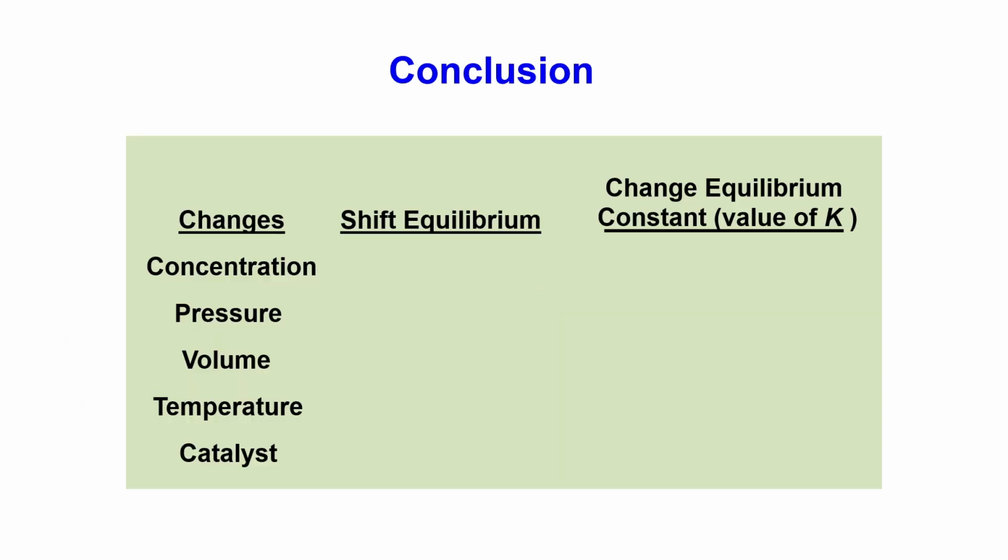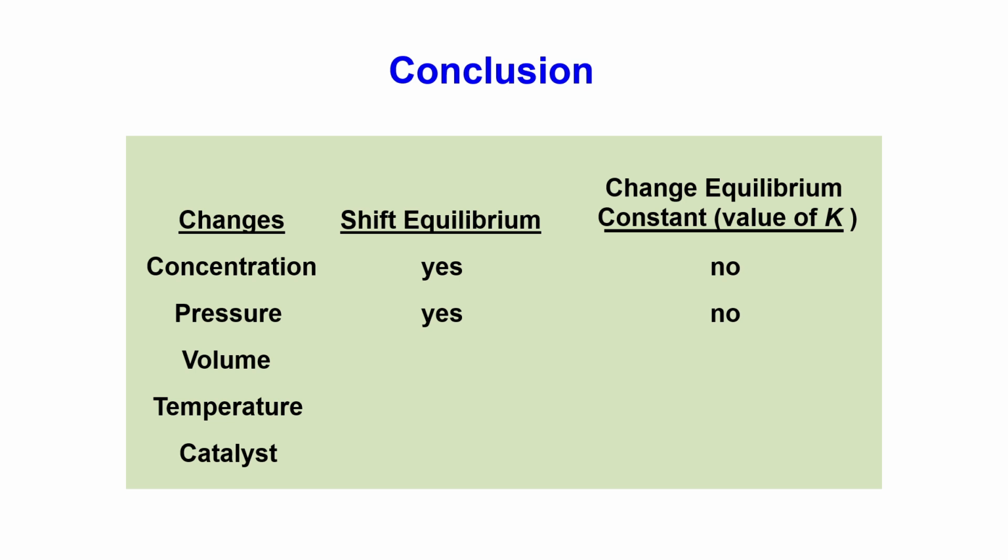As a conclusion, okay, so the change in concentration will shift the equilibrium. Yes. The change in equilibrium constant, the value of K, no. So pressure will shift the equilibrium, yes, but value of K does not change.